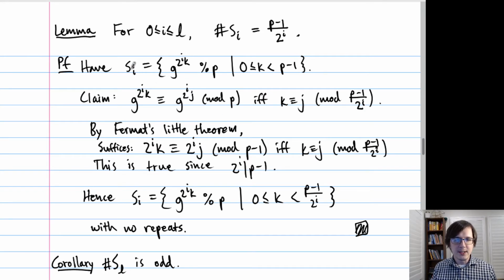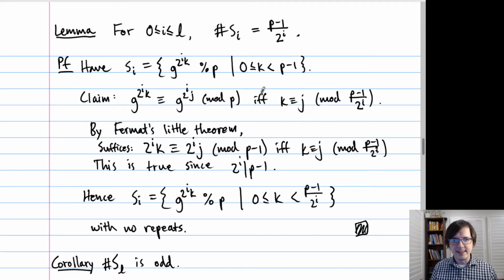We've already established that Si is g to the 2 to the i k, mod p for all k in that range. This proof rests on the claim that if two elements of this set are congruent mod p, then the k and j that are being iterated over are congruent mod (p minus 1) over 2 to the i, and vice versa. So this congruence is equivalent to that congruence.